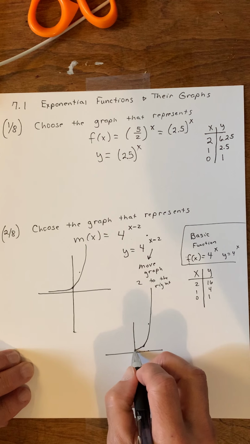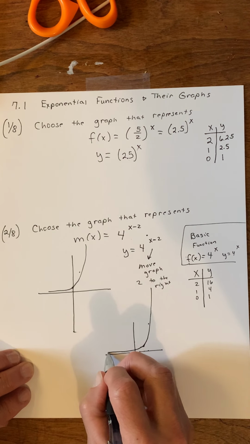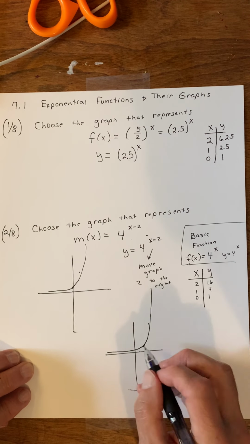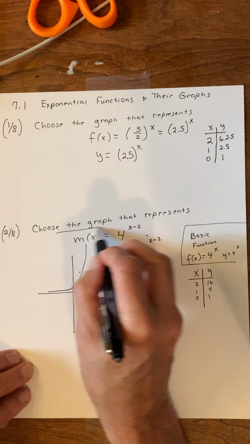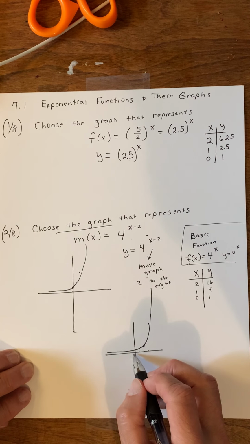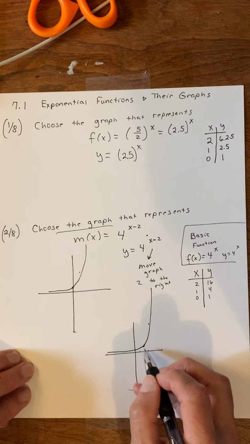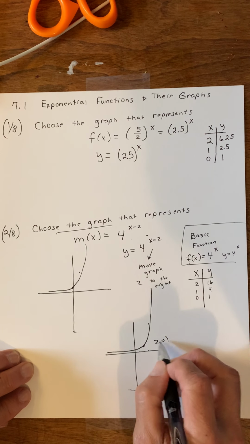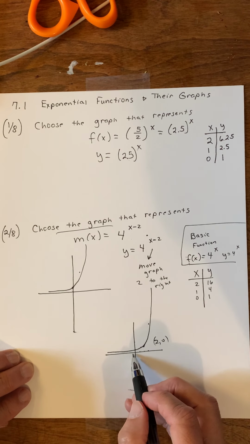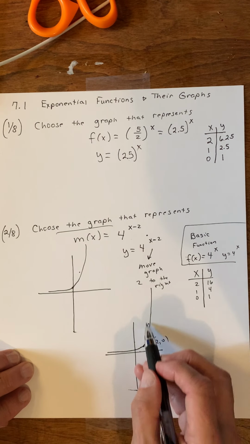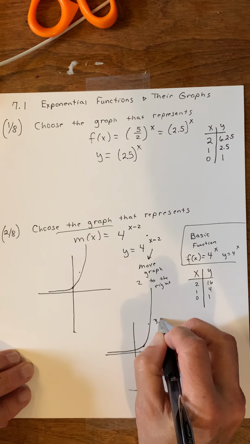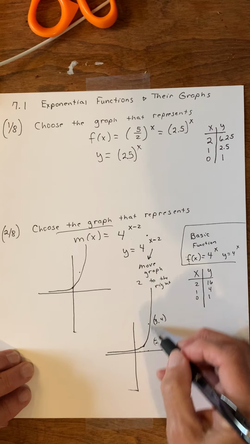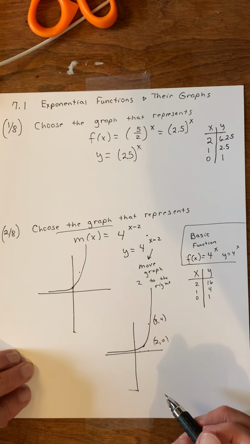And it's basically going to go crazy, getting closer and closer to the x-axis. So that's the important thing to look for when I choose the graph. It's going to go through the point (2, 1). It's going to go through the point (3, 4). Look for those 2 points and this general shape, and you'll have it good.